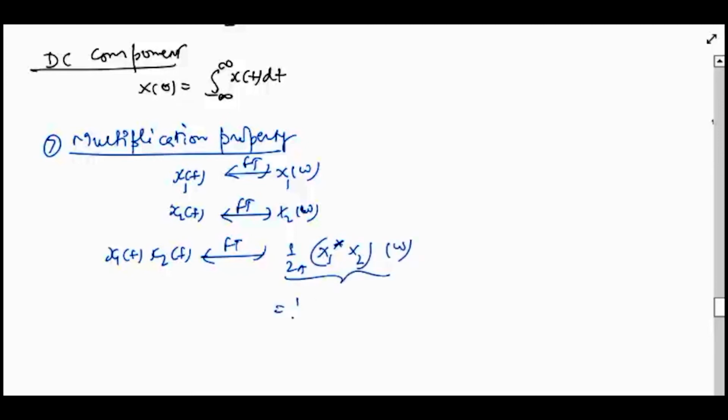If we expand this, we get 1 over 2 pi integral from minus infinity to infinity of X1(theta) X2(omega minus theta) d theta. So this is the Fourier transform of the product of two time domain signals.